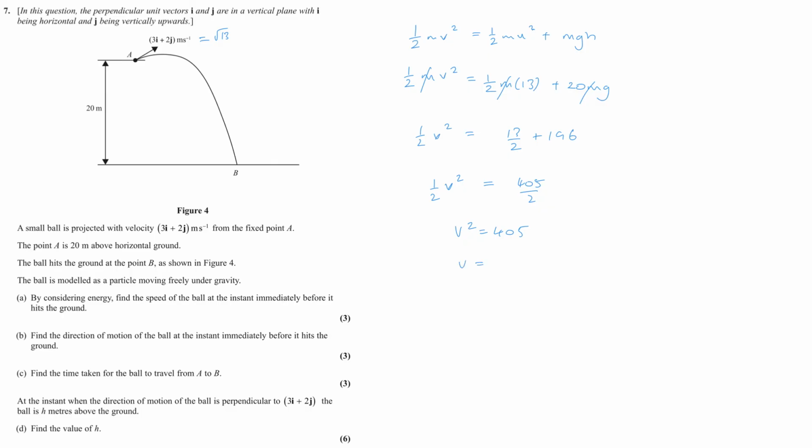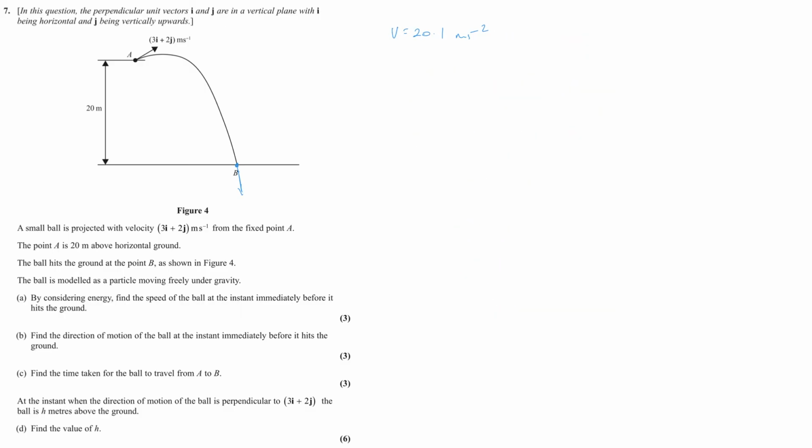And square root in that is 9 root 5, which is 20.1, 3 significant figures there, meters per second. So at B, where it's obviously going in this direction, we're going to measure to the horizontal.